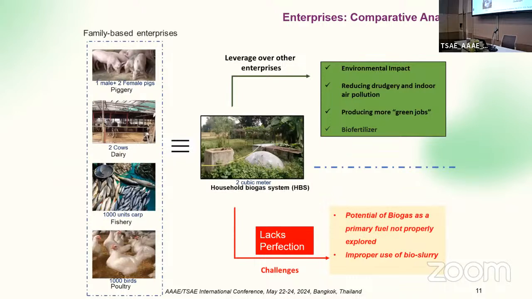We compared it with small scale dairy systems, small scale poultry systems, fishery systems, and piggery systems, similar in rural areas, which are predominant and going on without any support, and we found that biogas is equally compatible, provided business efficiency is understood.